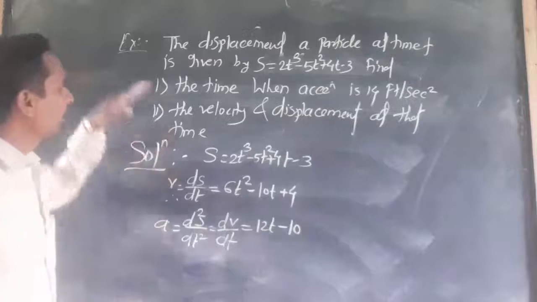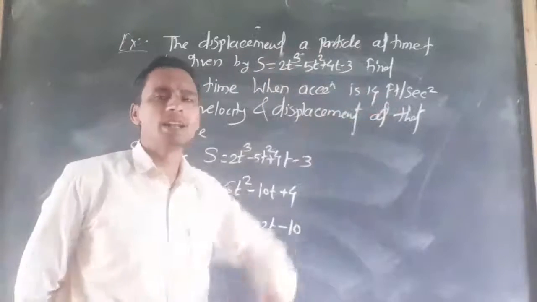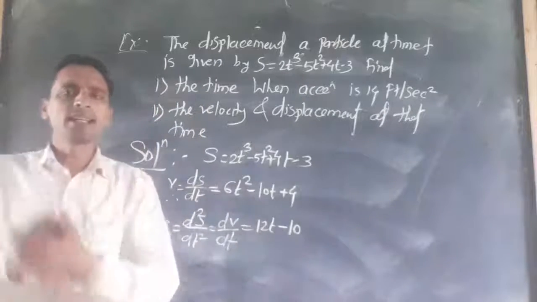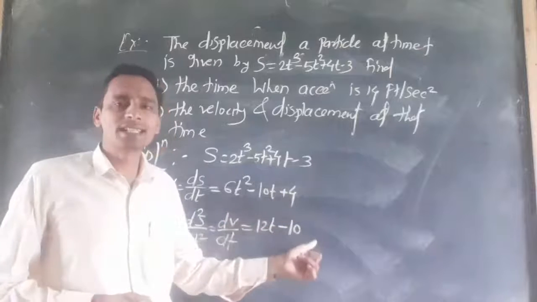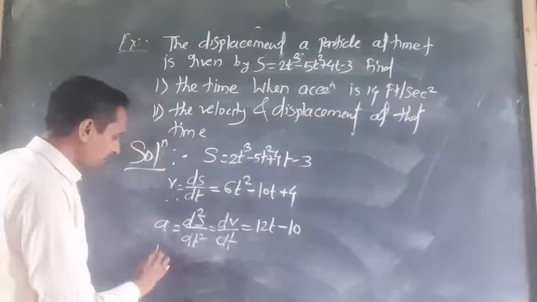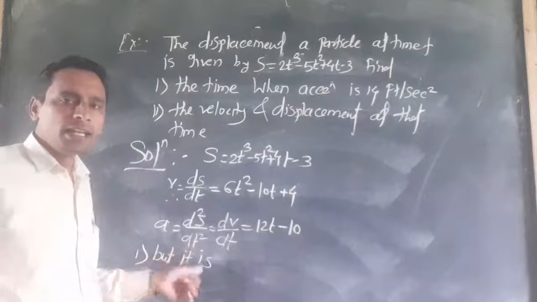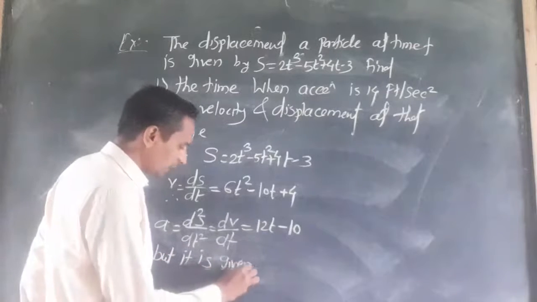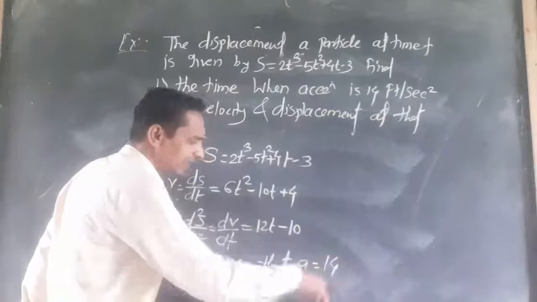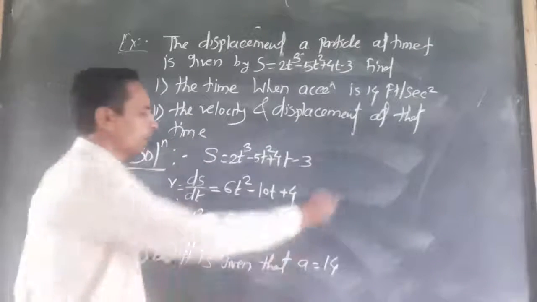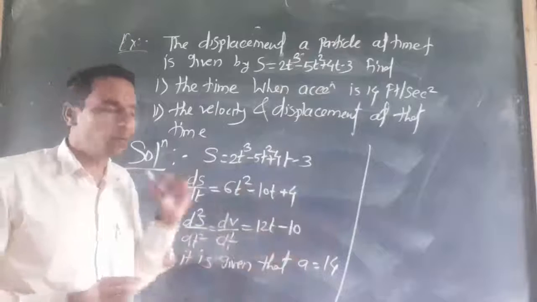Now, in the first example, it is given that we need the time when the acceleration is 14. आपल्याला या ठिकाणी acceleration दिलेलं आहे 14, परंतु आपलं acceleration काय आलेलं आहे 12t minus 10. But it is given in the first example that acceleration a is equal to 14.